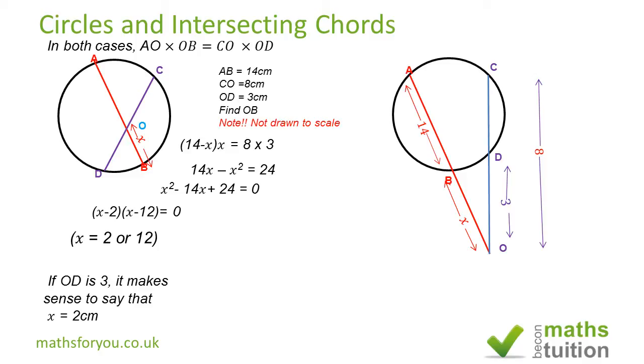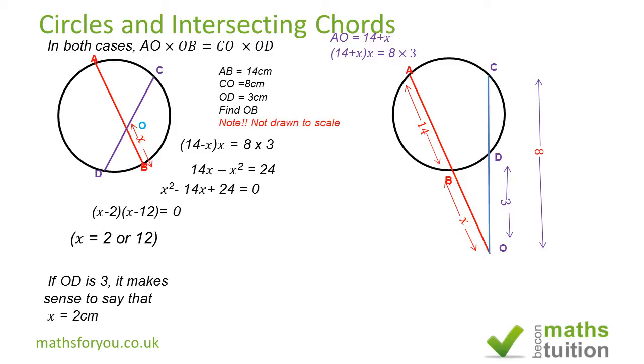And we know from here that AO times OB is equal to CO, from there to there, times OD. Now, in this case, AO will be 14 plus X, and OB is going to be just X there.